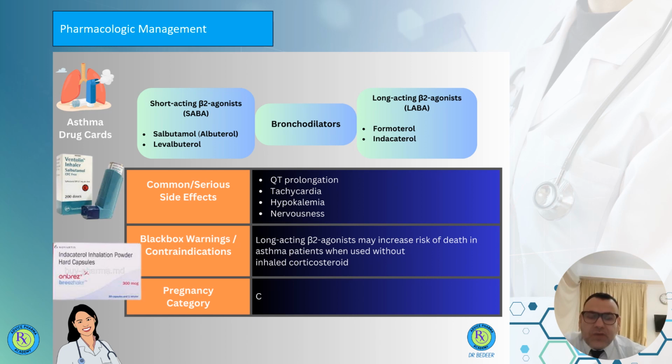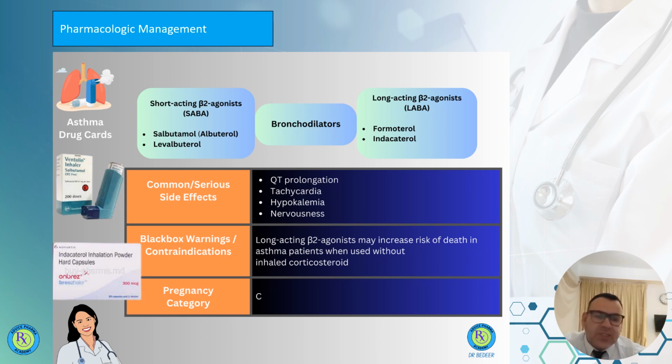The common side effects of this medication, as they are sympathomimetic, include QT prolongation, tachycardia, hypokalemia, and nervousness. And there is a black box warning for the use of LABA, which may increase the risk of death in asthma patients when used without inhaled steroids.